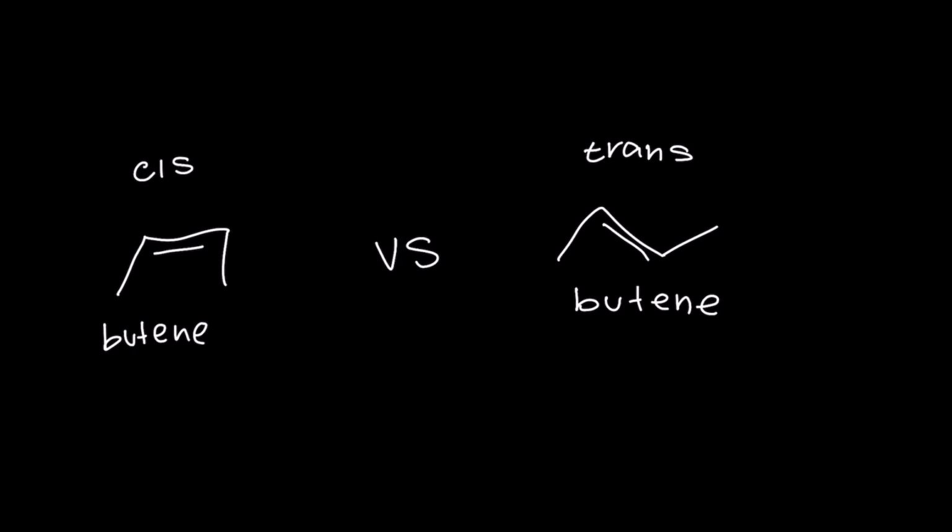This is what we call stereochemistry, which is how the molecule is actually shaped. The bonds are all in the same place, but it's just the shape of the molecule. So if it's cis, we're going to use Z to show that it is cis, and E for trans.